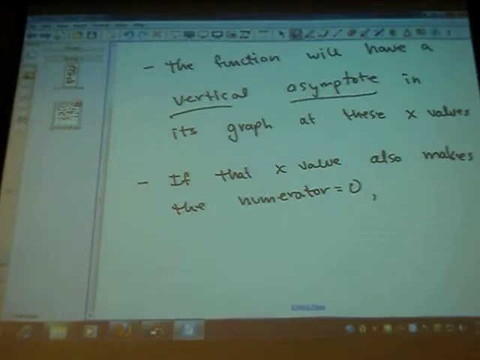Then it's almost kind of like that point cancels itself out. You get 0 on top and 0 on the bottom. And what happens there is you have just like a hole in the graph.